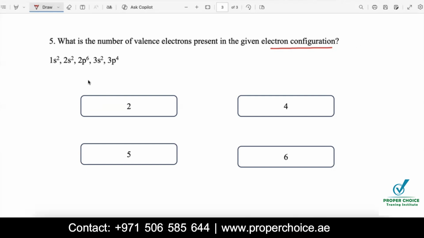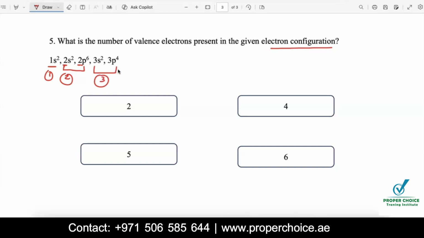If you look at the electron configuration, this is the first energy shell, that is 1s. This together is representing the second energy shell, because 2s2, 2p6. This 2 is representing the second energy shell. This is representing the third energy shell, in which the number of valence electrons is how many?